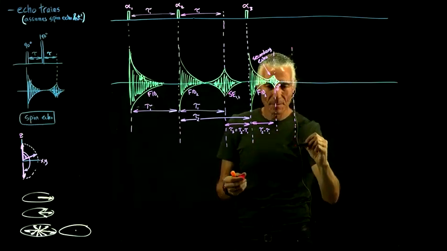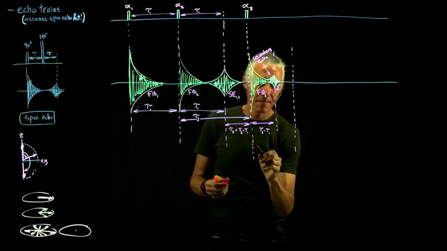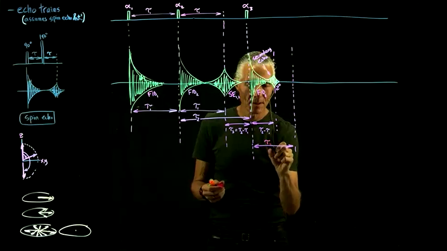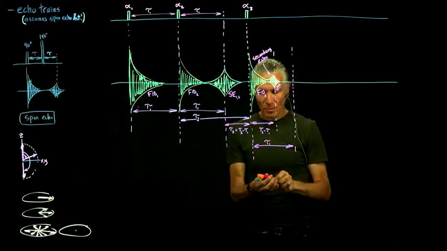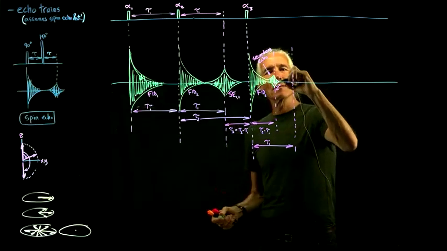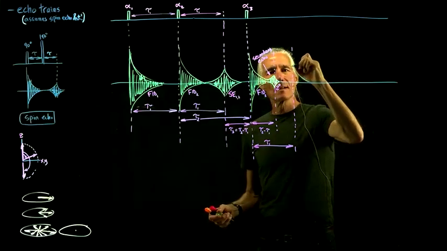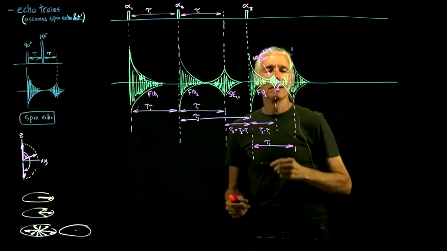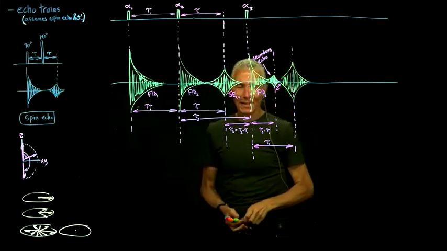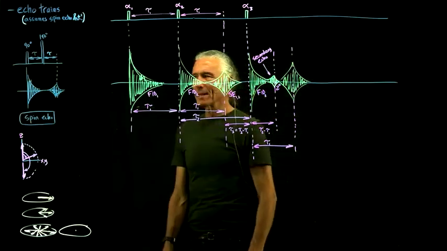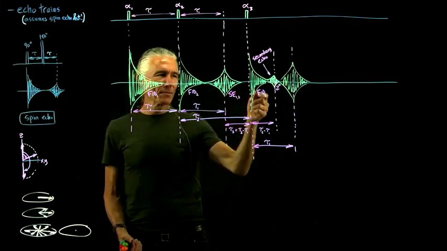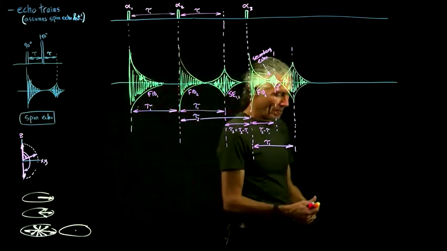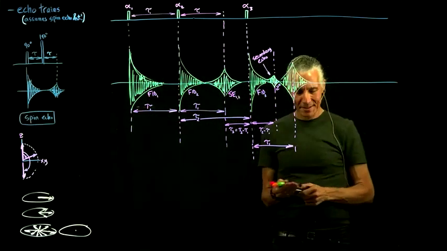So tau 1 amount of time after the third pulse, you get a really big echo. So you get this really large echo. So what's causing that one? That's called a stimulated echo, because it only appears if you do a third stimulation. So how to think about this?